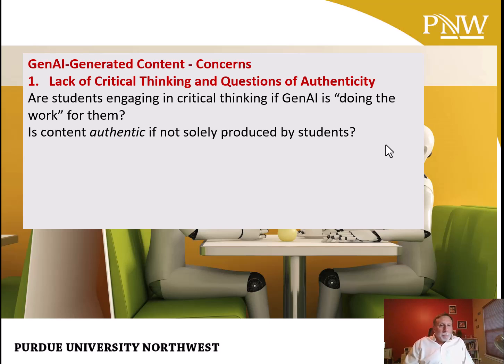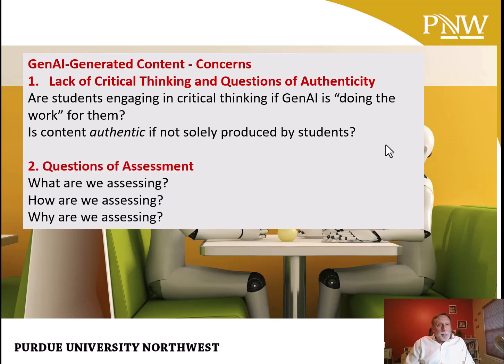But assuming we can even get beyond these concerns, then the next major concern, I think, deals with assessment. So when we have these Gen AI generated products, whatever they are, and I'm talking broadly here, not just text, but anything generated with Gen AI, what are we assessing? How are we assessing it? We don't really have models for assessing something that was produced with generative AI.